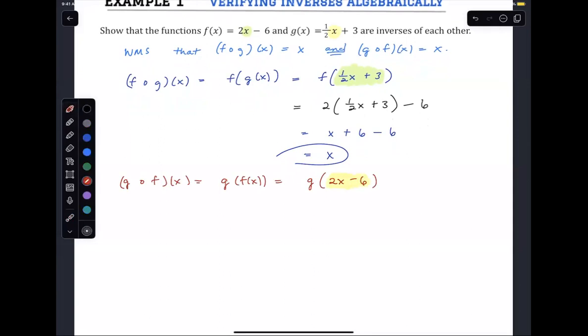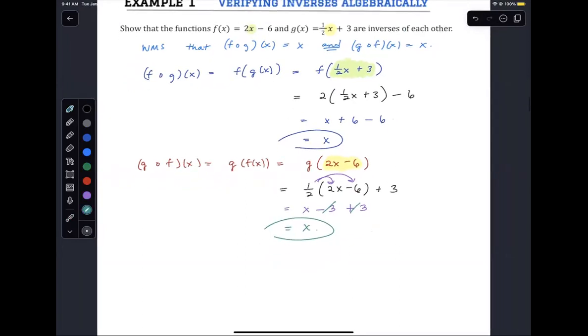So instead of 1/2 times x, it's going to be 1/2 times (2x minus 6) plus 3. Distribute the 1/2. 1/2 times 2x is just x, minus 3 plus 3, and then the -3 and 3 cancel, and you just get x.